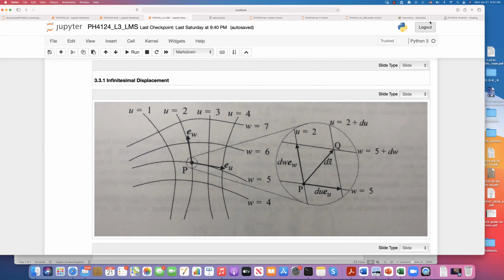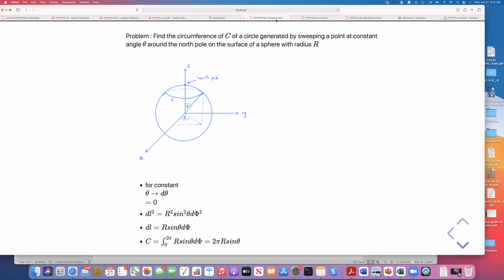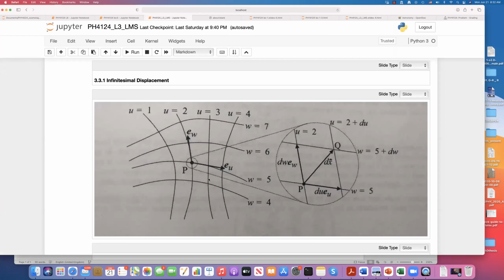Let's look at that you can define a basis vector EW which is tangent to U equal constant. What that means, looking at this particular image, is this is the basis vector EW, which is tangent to this line U equal a particular constant.